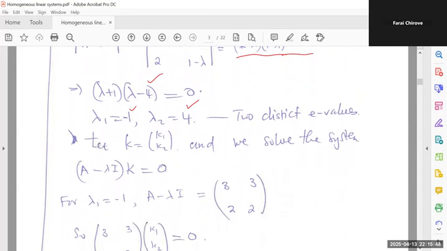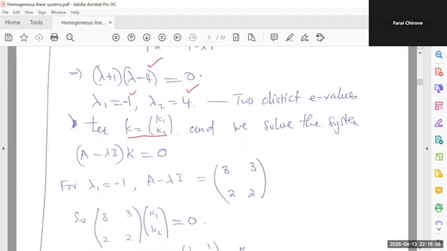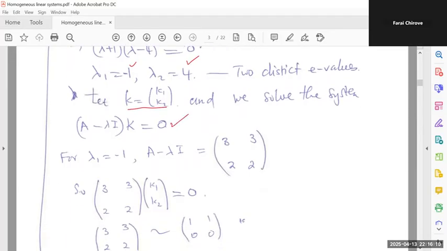So now we need to find the associated eigenvectors. Because A is a 2 by 2 matrix, all the eigenvectors will have a 2 by 1 dimension. So we go back to this system, and remember, this is now a 0 vector.